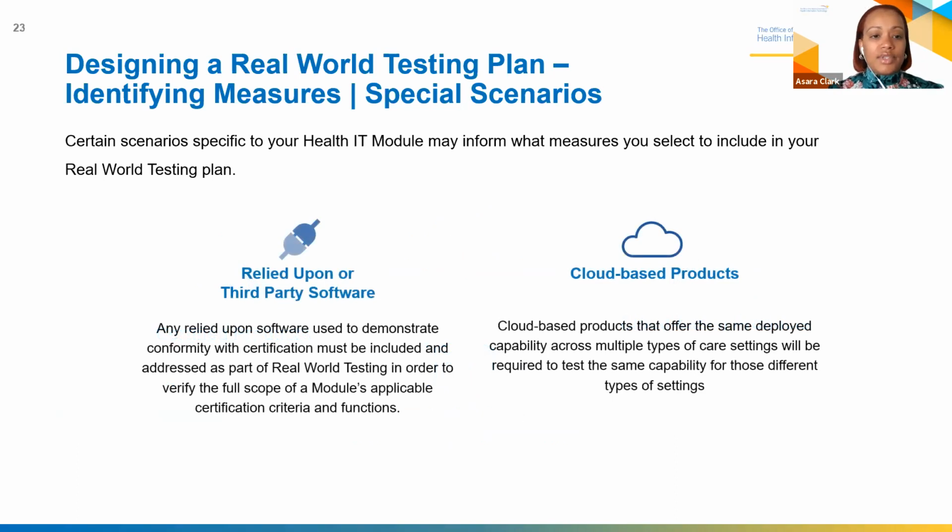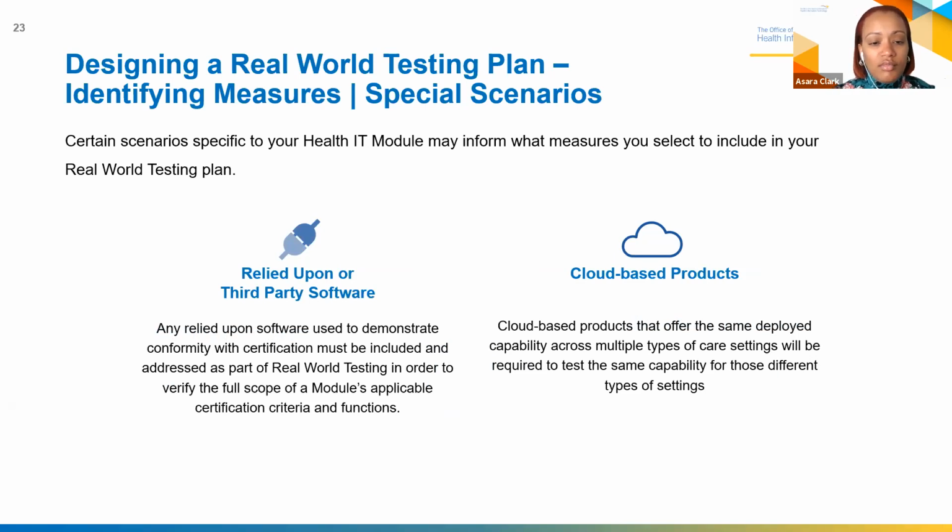All right. So with the relied upon software or third-party software, if you have this incorporated into your certified health IT module certification, then you know that ONC does allow health IT developers to utilize third-party software to rely upon for capabilities to include within their certified health IT modules certification.